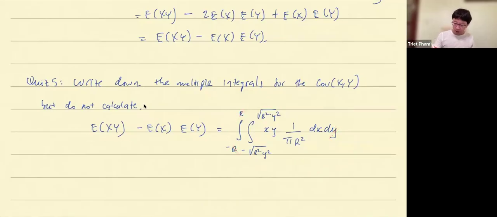What of expectation of x? Well, expectation of x in terms of the joint density is still the same, because x can be viewed as a function of x and y. So it's just x times that. And you integrate x first, right?